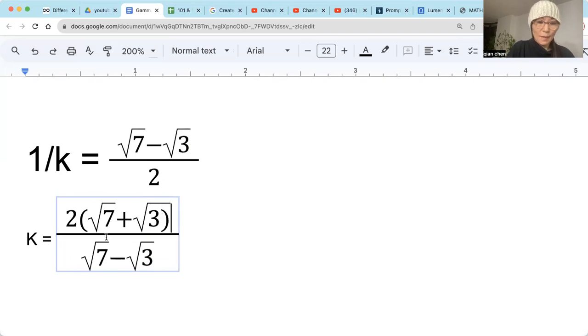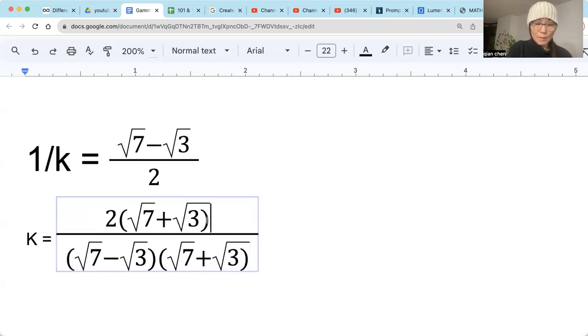I'm going to multiply the same thing for the numerator, because I can only multiply by 1. 1 is something divides itself. I copy paste this.